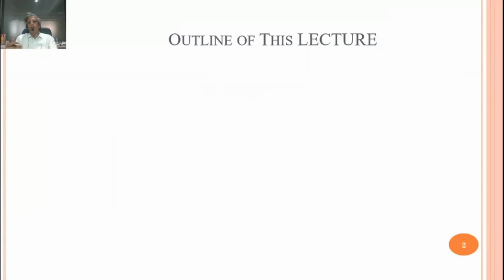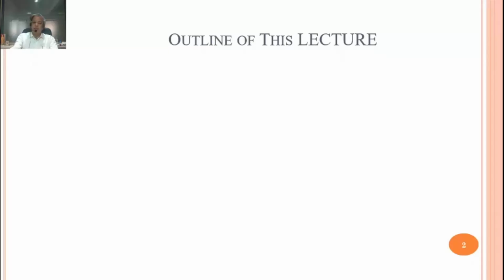Now in the previous lecture we studied the classification of signals, and in that we discussed the deterministic signals and non-deterministic signals. Non-deterministic signals are also called random signals. Then the energy signals and the power signals, and the last one is the even signals and the odd signals.